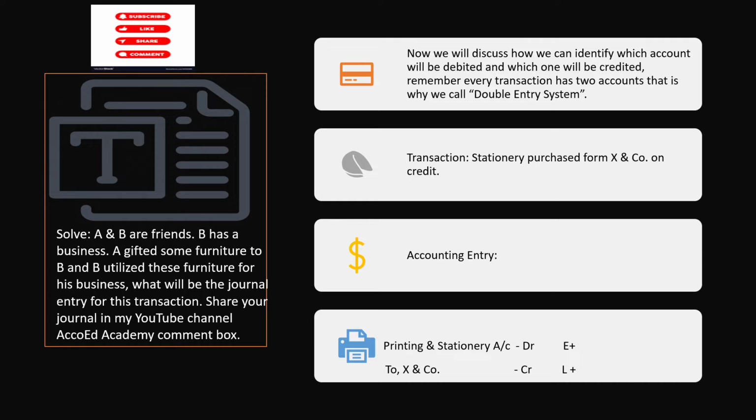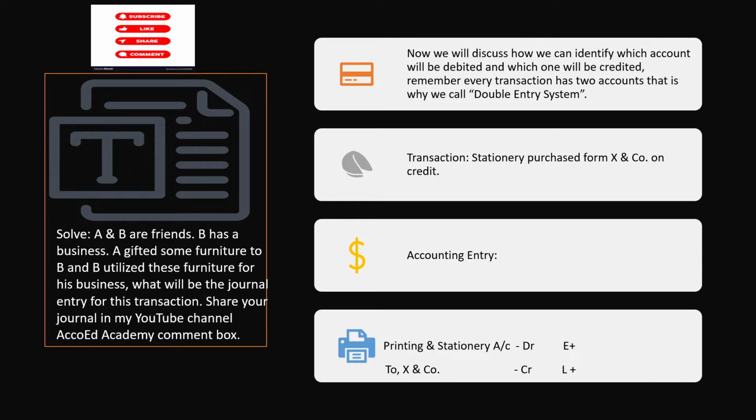So my example is that stationery purchased on credit from X and Company Limited, right? As I told you, every transaction has two accounts. Here in this transaction, we can easily identify that one account should be printing and stationery and the other account should be X and Company.